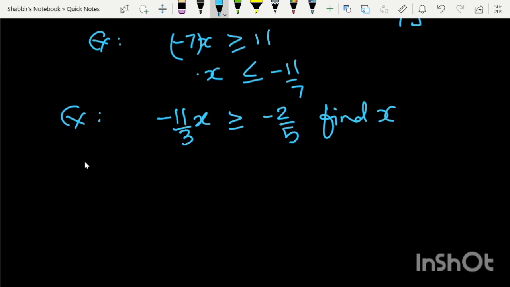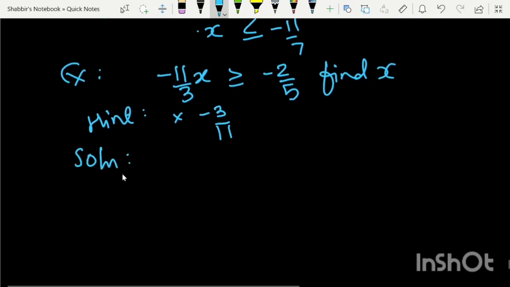The hint would be the same. We have to cross multiply plus 3 and minus 11 and change the sign, or else you can multiply, in order to make the coefficient of x 1, by minus 3 by 11 both sides.